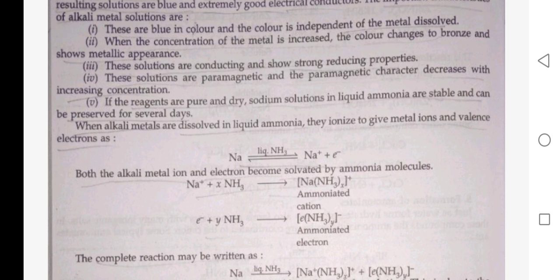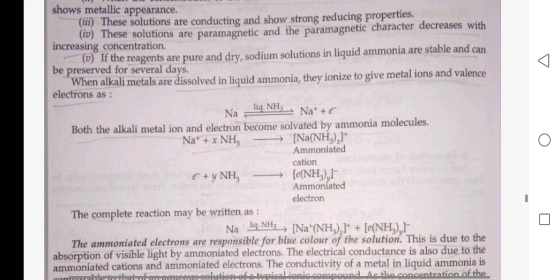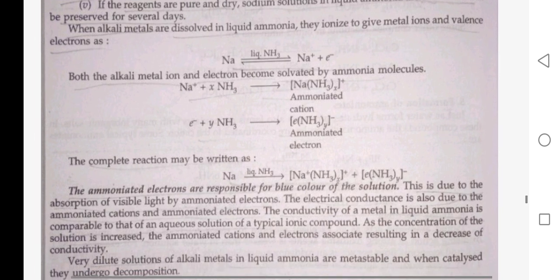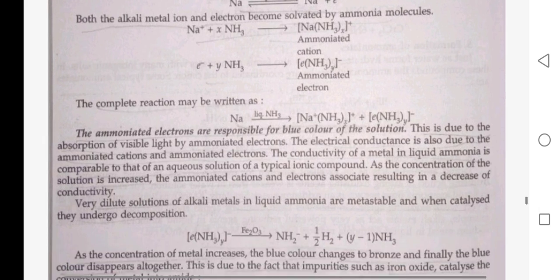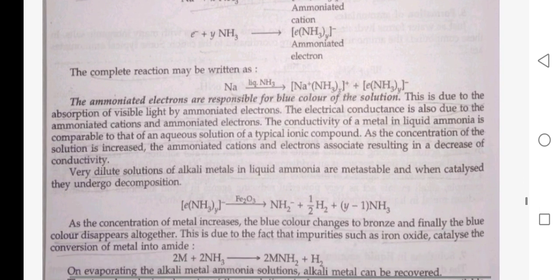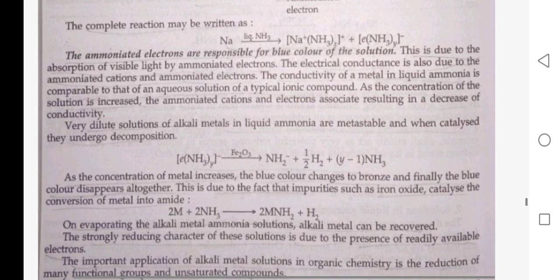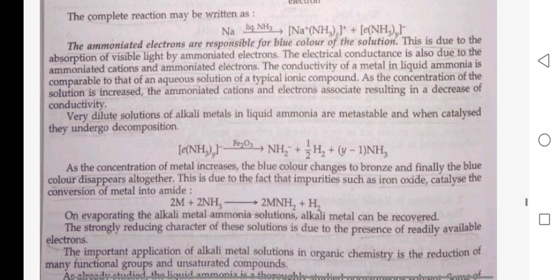When alkali metals are dissolved in liquid ammonia, they ionize to give metal ions and valence electrons. Both the alkali metal ions and electrons become solvated by the ammonia molecules. The ammoniated electrons are responsible for the blue color of the solution.